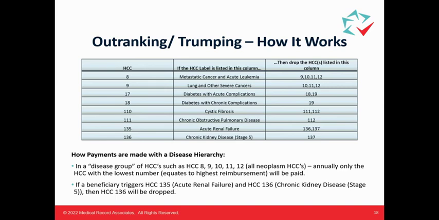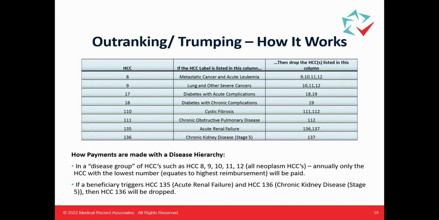In these categories, like in the cancer category, the highest paying HCC is always the lowest one. So that's why 8. Say this patient has a ton of cancers, which is so sad, but happens, you would drop all these. You're not going to get reimbursement on every single one. You're only going to get it on HCC 8.